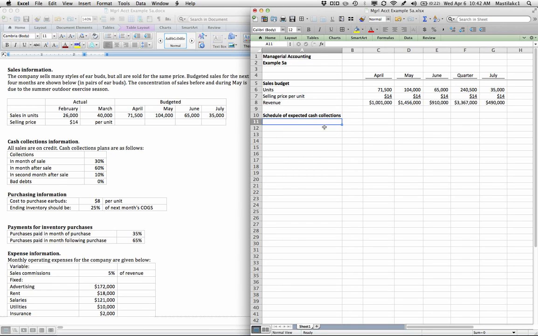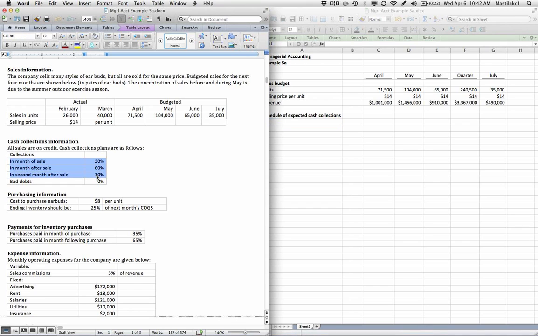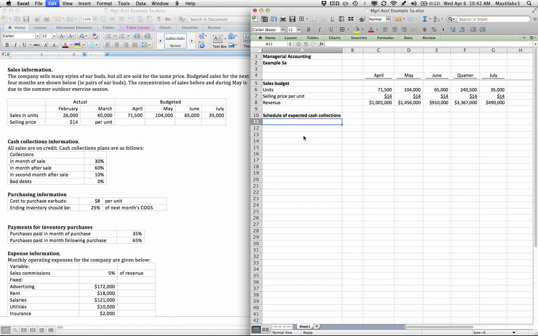An easy way, and this is certainly not the only way, to set up our cash collections budget is to explicitly use these categories. And I'll just copy and paste, and we're going to say how much do we collect in each month. It's going to be a function of how much we expect to collect and when it is in each sale, or what month it is after the sale. So we can pretty easily do these things.